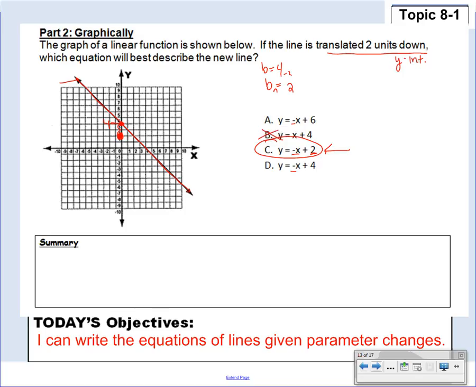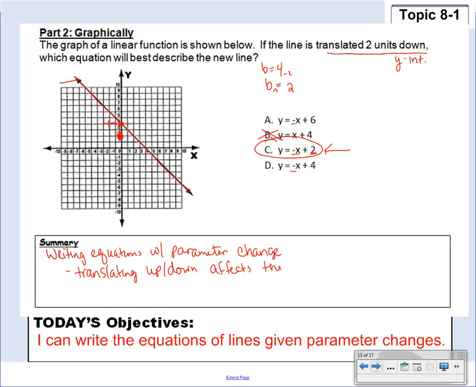So this concludes our topic 8-1. Let's do a summary. The main thing that I do recall in writing equations with parameter changes is to understand that if you translate up and down, that affects the y-intercept.